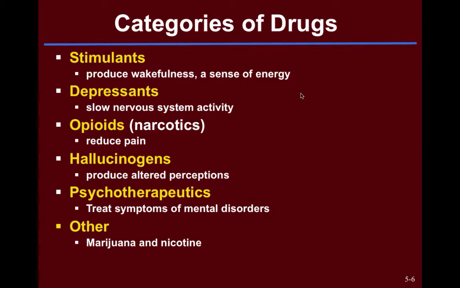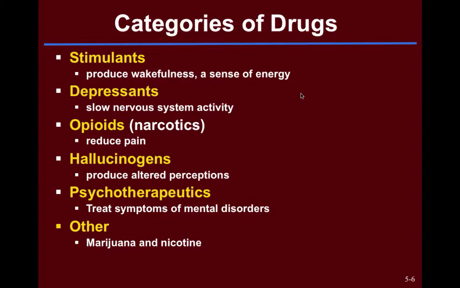Next, we're going to look at the different categories of drugs, and these will break down into categories that we'll cover over the course of this semester. I've got stimulants, depressants, opioids, hallucinogens, psychotherapeutics, and then this catch-all category of other. Stimulants, this is pretty straightforward, help us feel more awake, give us a better sense of energy. Everything from caffeine to cocaine would fit into this category.